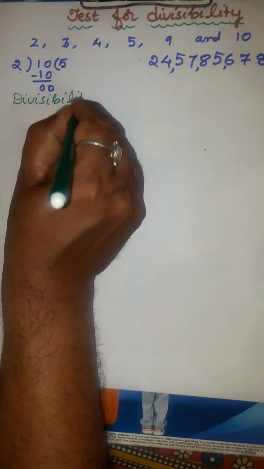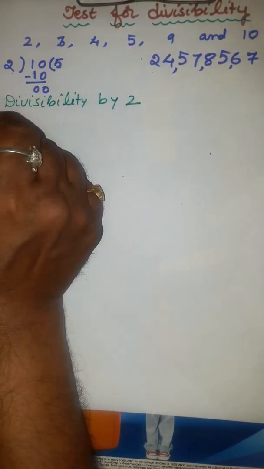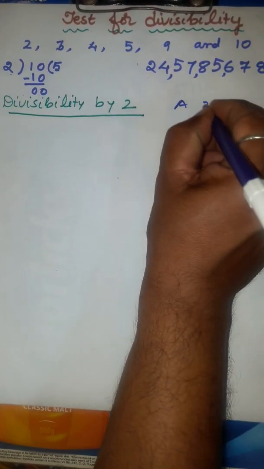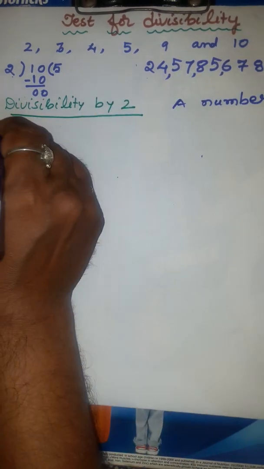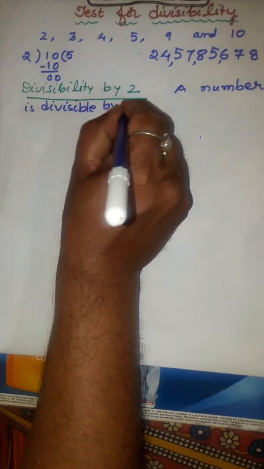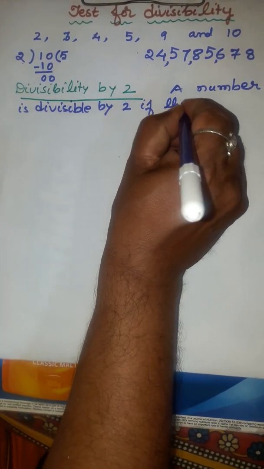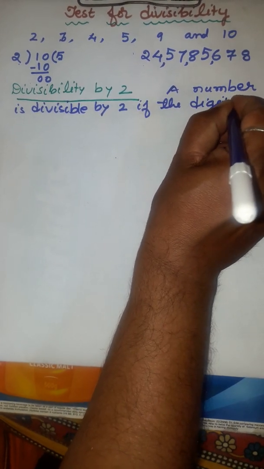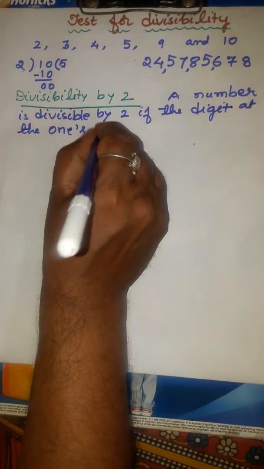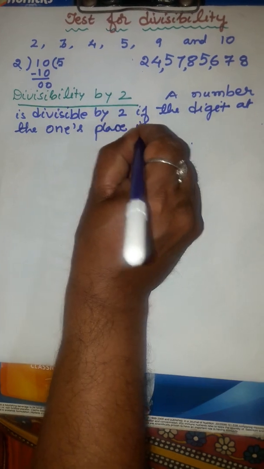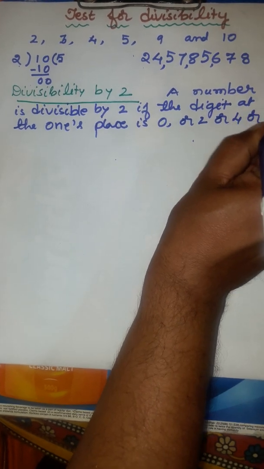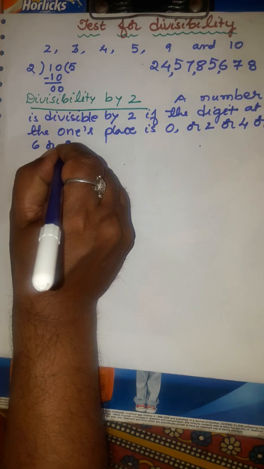Divisibility by 2. A number is divisible by 2 if the digit at the ones place is 0, 2, 4, 6 or 8.